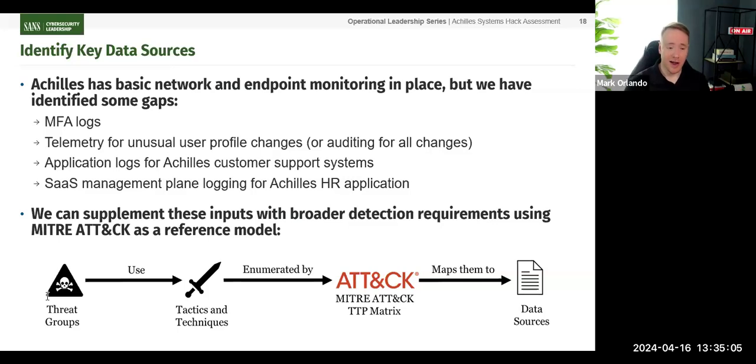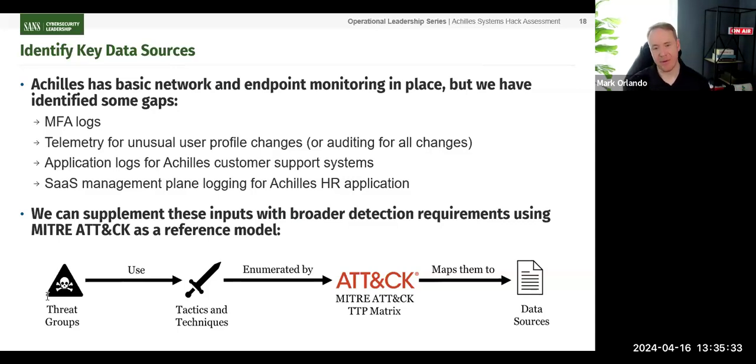And we can use another fairly popular, well-known industry framework, which is MITRE ATT&CK, which is a catalog of attacker tactics, techniques, sub-techniques. So we know we've got some basic network and endpoint monitoring in place, but we've identified some of those gaps, which you can see listed here. Right? And we can catalog those gaps using MITRE ATT&CK TTPs as a reference.